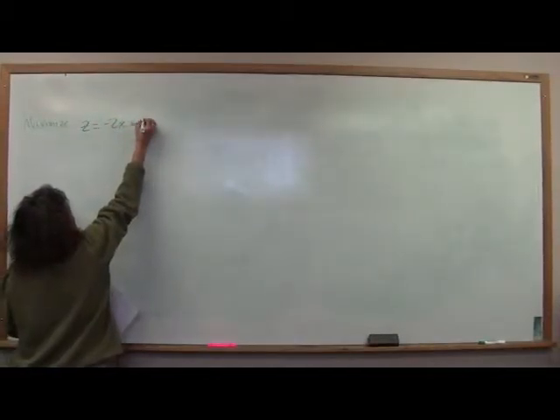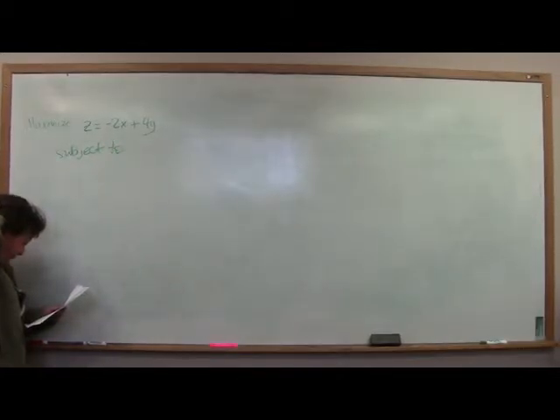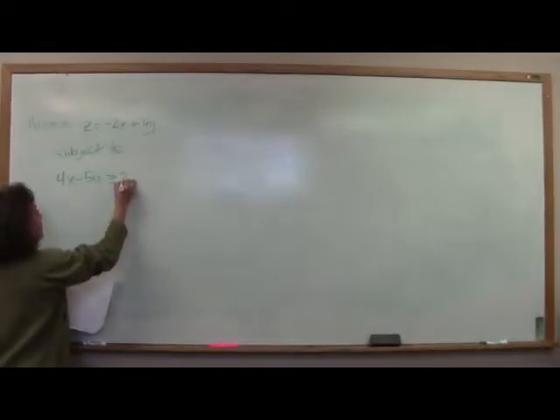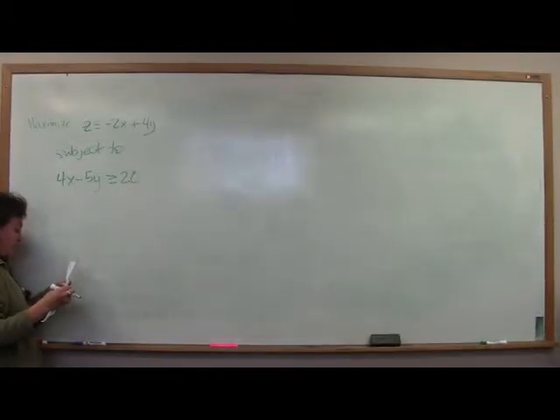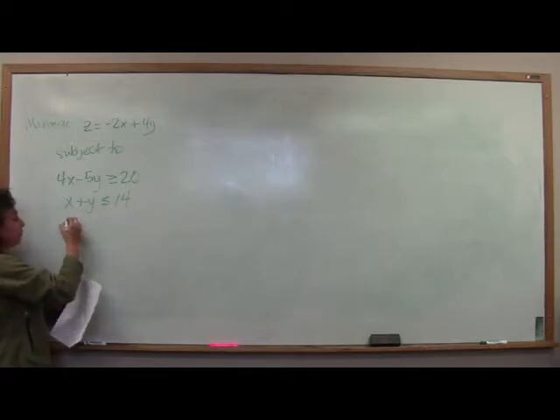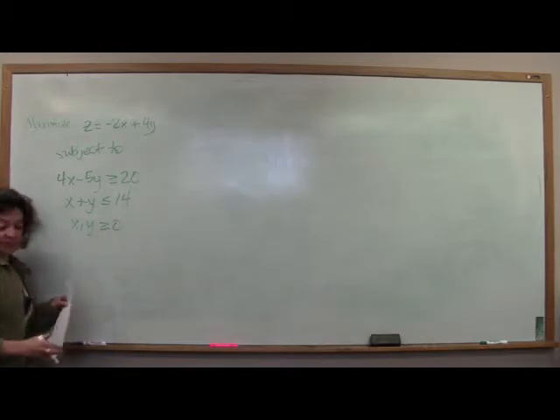How about z equals negative 2x plus 4y subject to 4x minus 5y is greater than or equal to 20, x plus y is less than or equal to 14, and x and y are greater than or equal to 0.